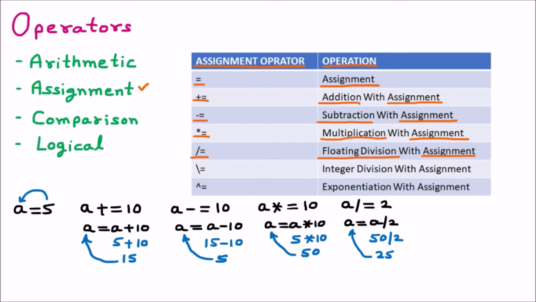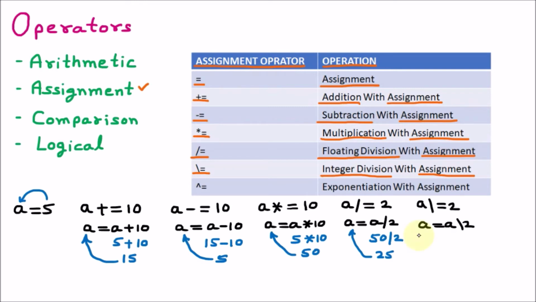The next operator is double slash equal to, which is integer division with assignment. If we write a double slash equal to 2, the meaning is a is equal to a double slash 2. Now this is integer division.